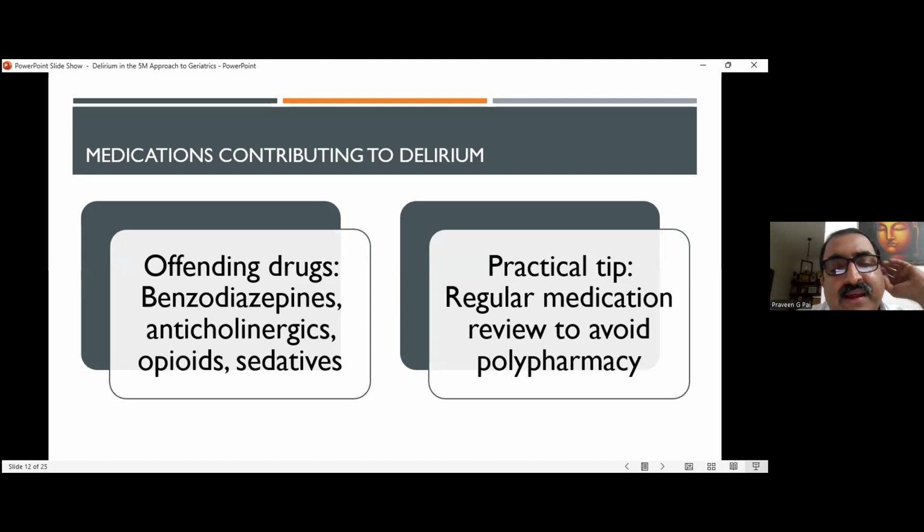Even opioids, sedatives, all these medications which I have written here are being used in palliative care. So again, going back to what I said earlier, sometimes we have to choose between the devil and the deep sea. The devil is the offending drug, and the deep sea is the delirium. Sometimes it may be beneficial, a point to discuss and debate, but all these things are case to case.